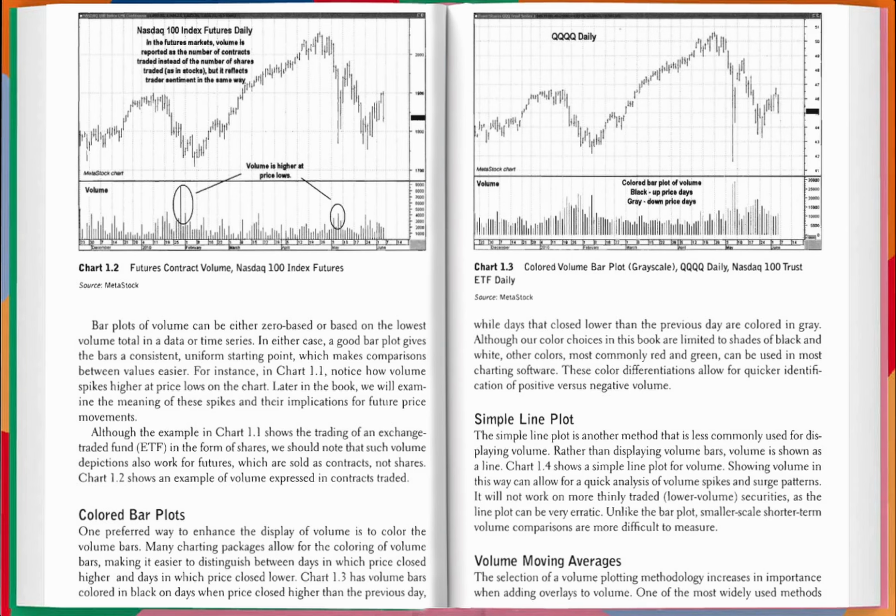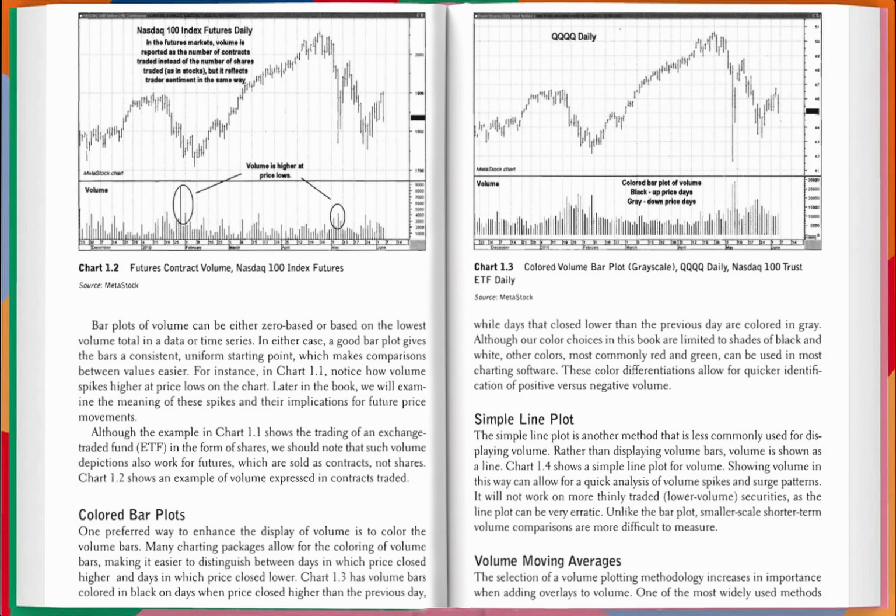Colored bar plots. One preferred way to enhance the display of volume is to color the volume bars. Many charting packages allow for the coloring of volume bars, making it easier to distinguish between days in which price closed higher and days in which price closed lower.